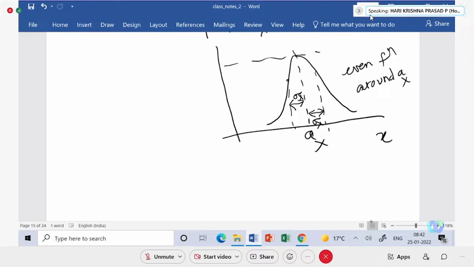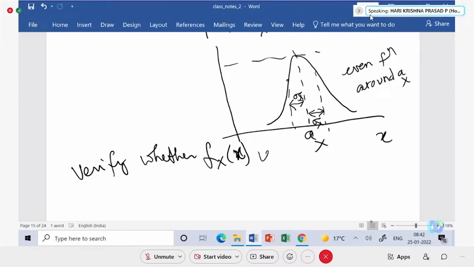Then, to verify whether the given expression is a true probability density function or not, what is the check we need to perform? Verify whether f_X(x) is a true probability density function.